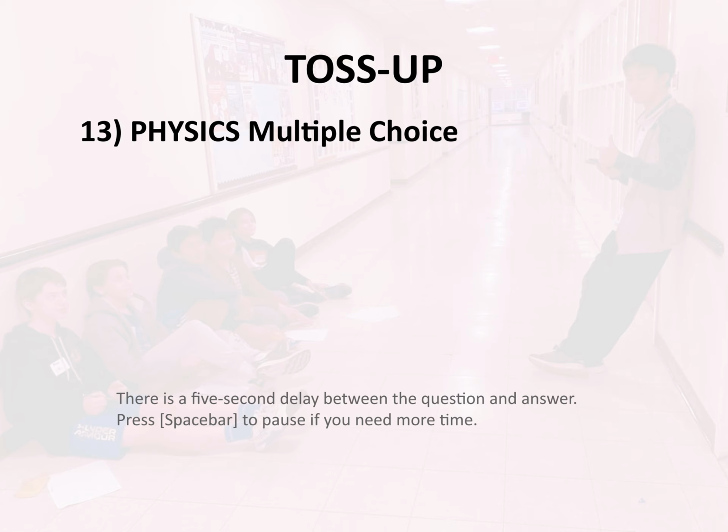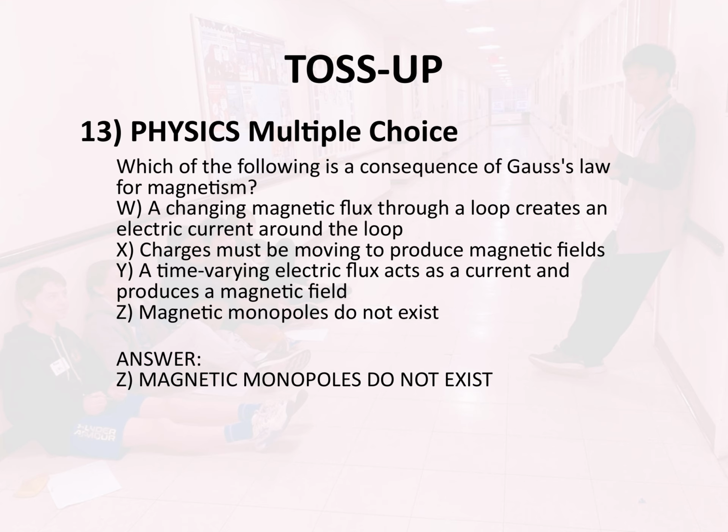Y. A time-varying electric flux acts as a current and produces a magnetic field. Z. Magnetic monopoles do not exist. Answer: Z. Magnetic monopoles do not exist.